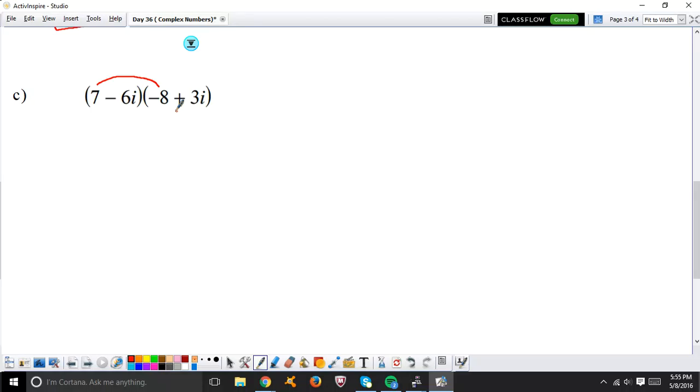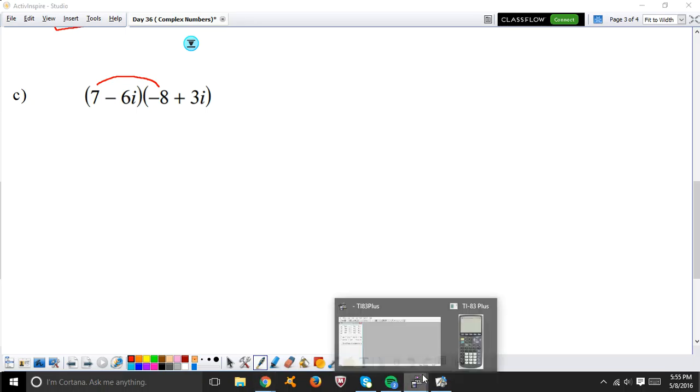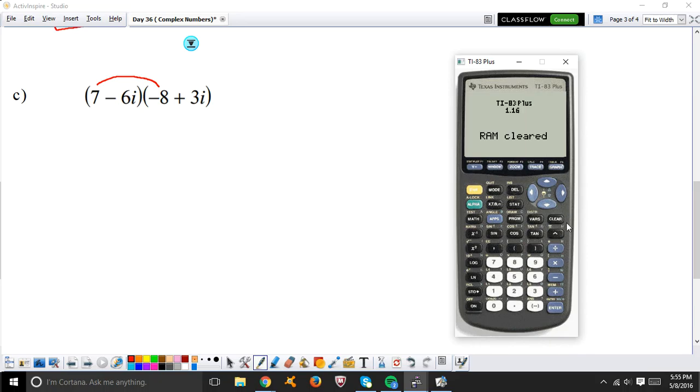Oh man, why am I blanking out? Just use our calculator. So 8 times 7 is equal to 56. So we get negative 56 over here.